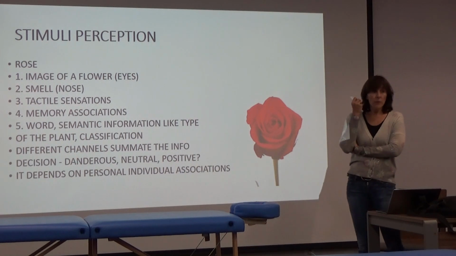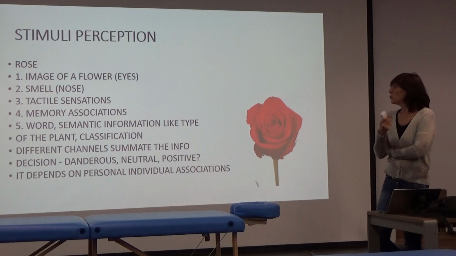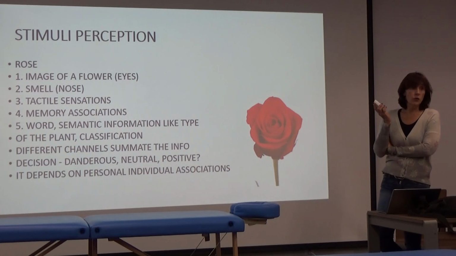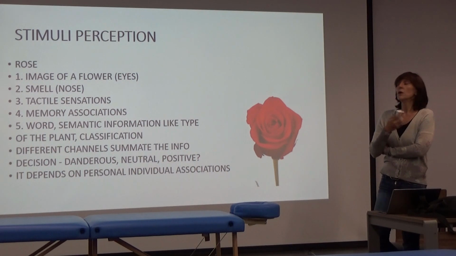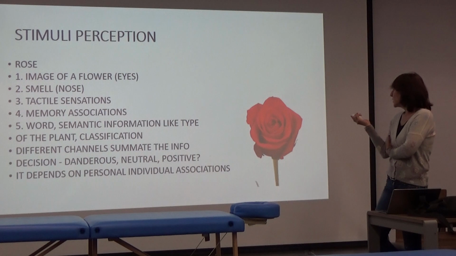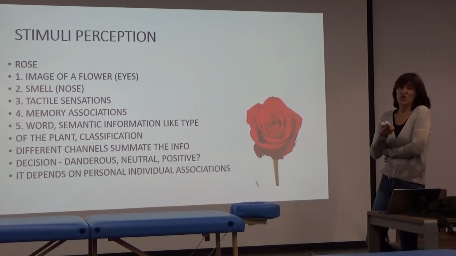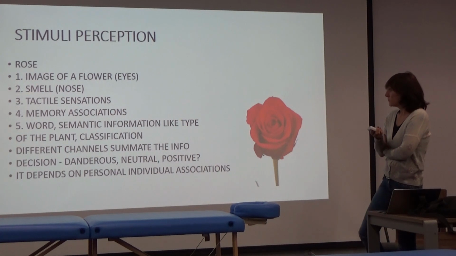Then we could have some memory associations. For example, if somebody who is very close to us gave us some flowers, it's going to be good associations and good interpretation. If we have some bad memories associated with this particular flower, then we might have withdrawal and negative sensations.